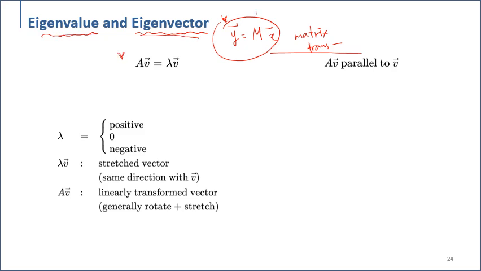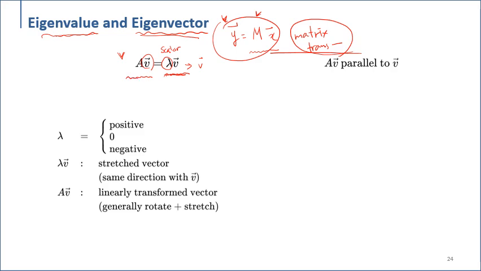So when we know that the multiplication between matrix and vector can be interpreted as matrix transformation, then we can interpret this one as a matrix transformation of vector v. And here, lambda is a scalar value, which means lambda v is parallel to the original vector v itself.